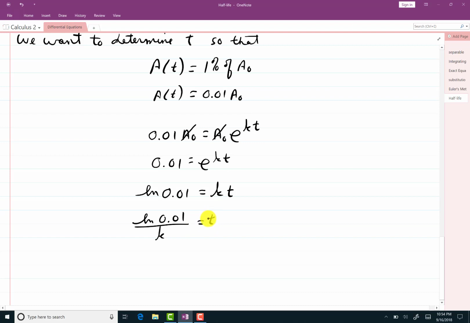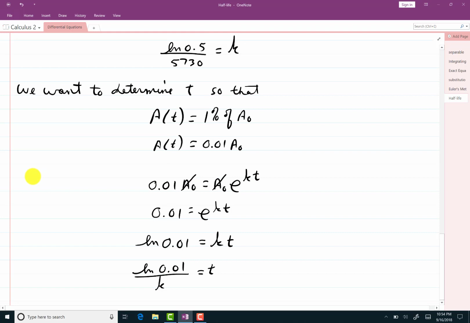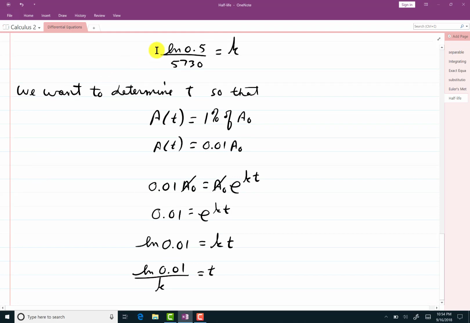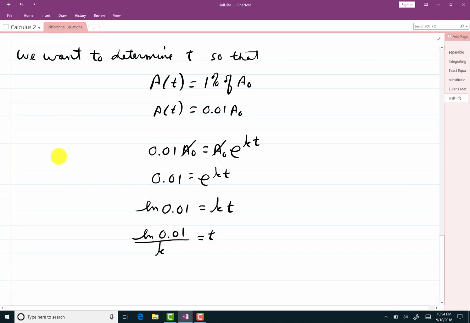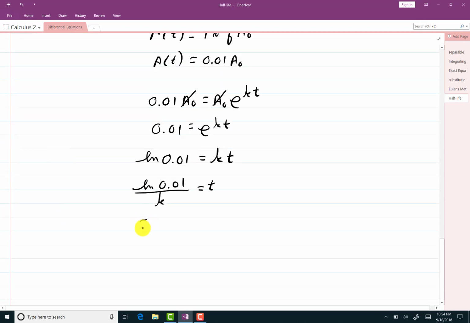And k, let me go ahead and plug it in now. K was ln 0.5 divided by 5,730. So this will turn out to be 5,730 ln 0.01 divided by ln 0.5.